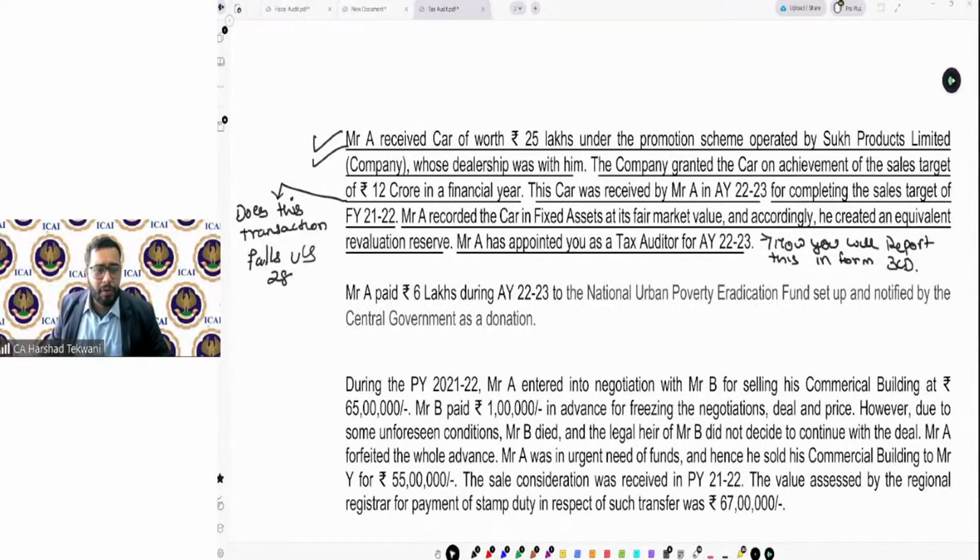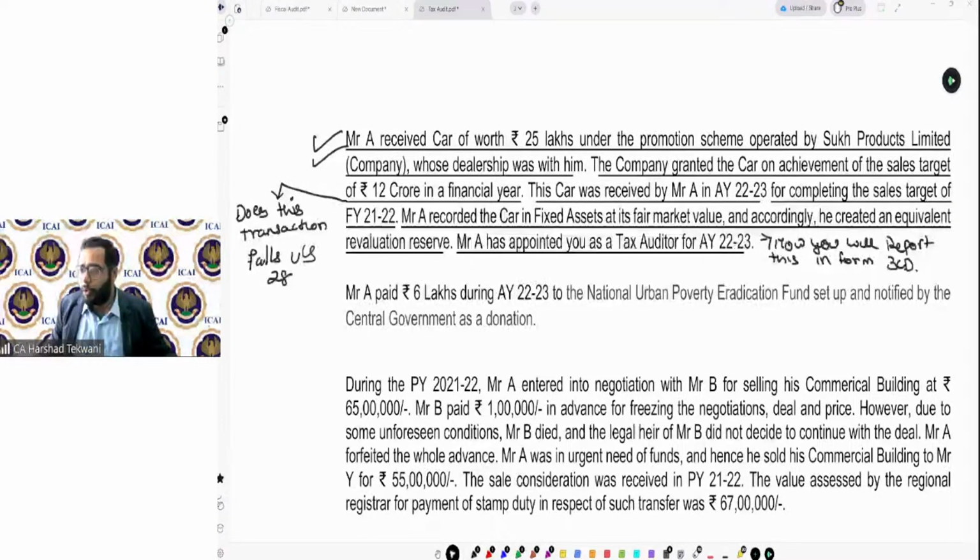There are complex transactions, some in the gray or borderline area, where you feel this should go here, but in actual it shouldn't, because it's not only one particular section that is applicable. In a transaction, you need to think under which section of the Income Tax Act it is applicable, and trust me, at times it can become very complicated.